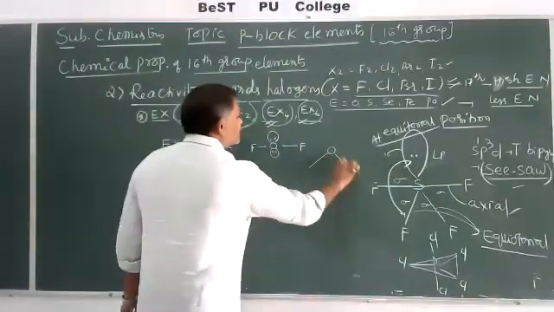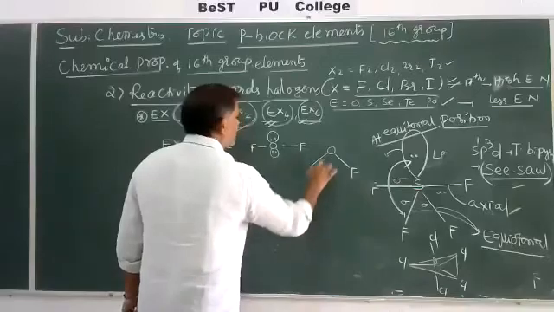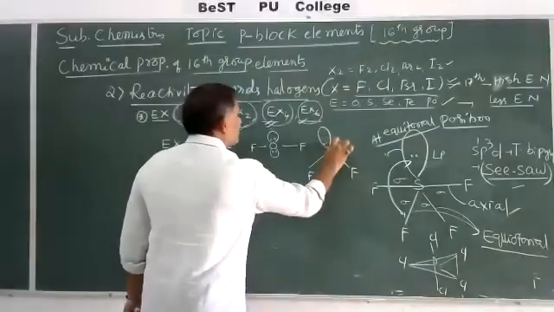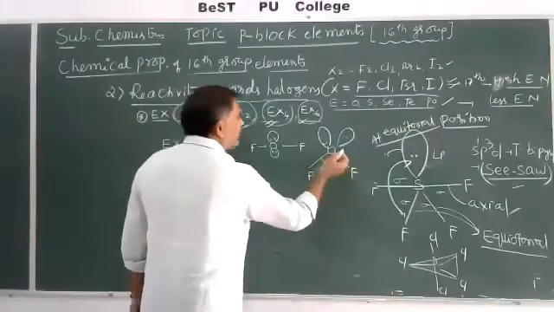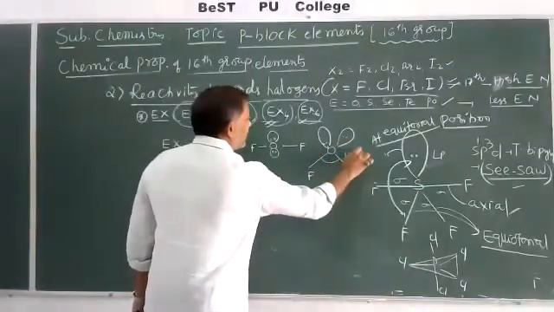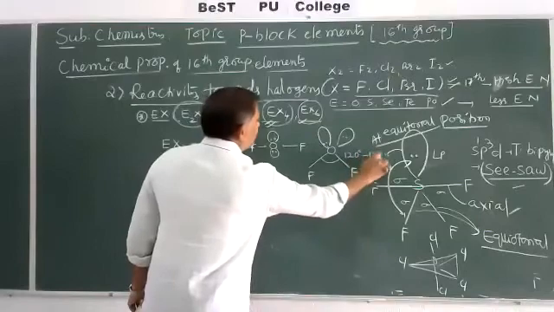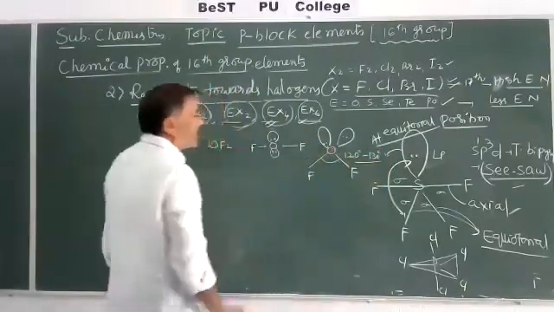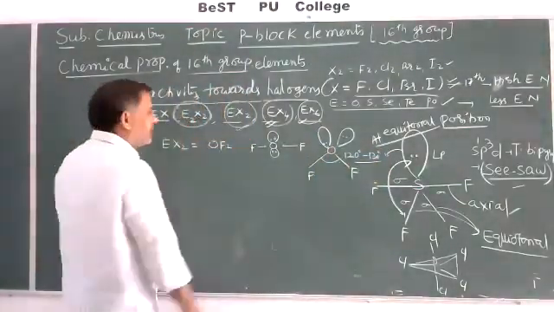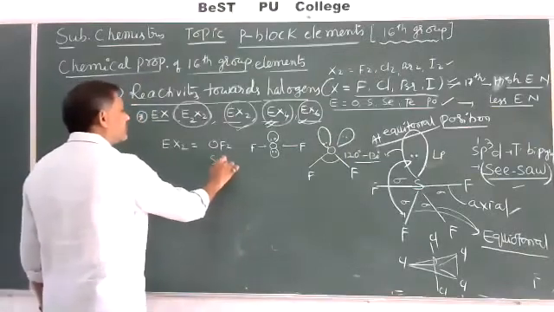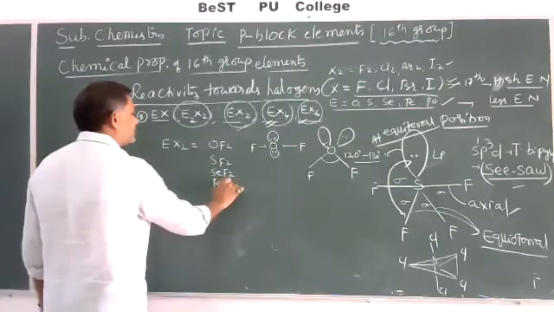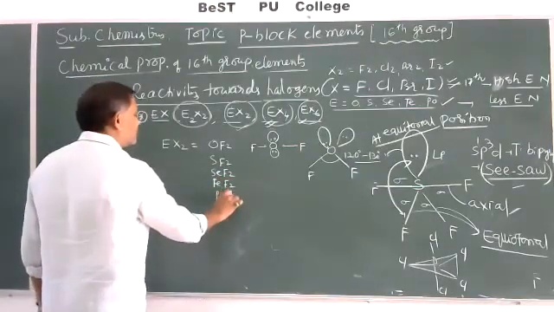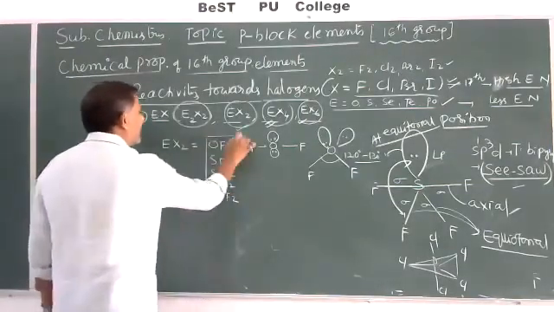Generally it takes an angular shape like this. Angular means the bond angle is nearly 120 degrees, or 120 to 130 degrees based on the central atom of the element. Now here SF2, SeF2, TeF2, PoF2. These are the dihalides.